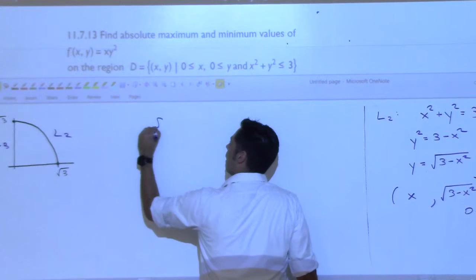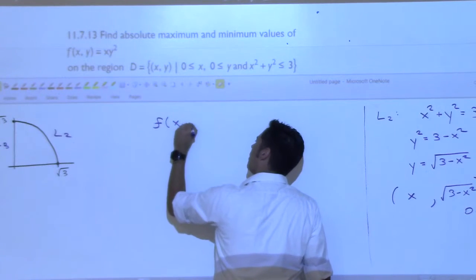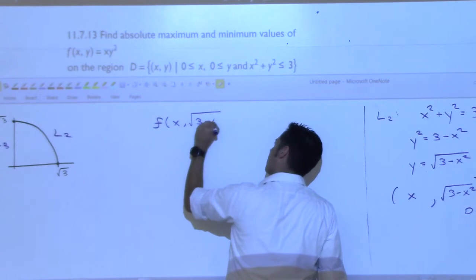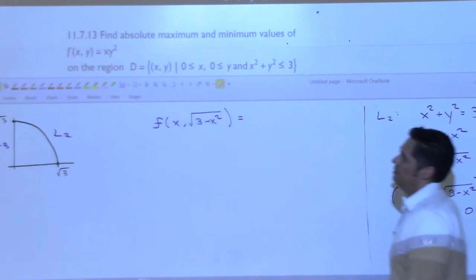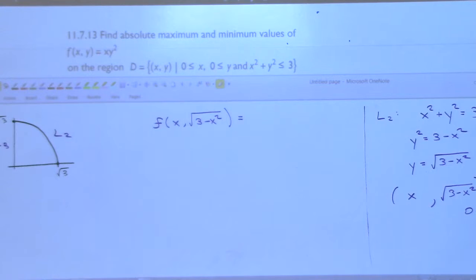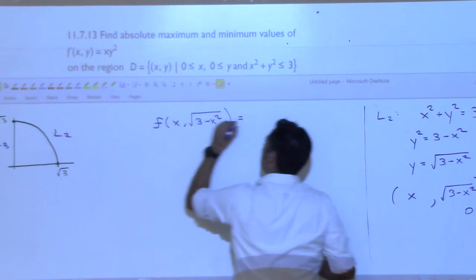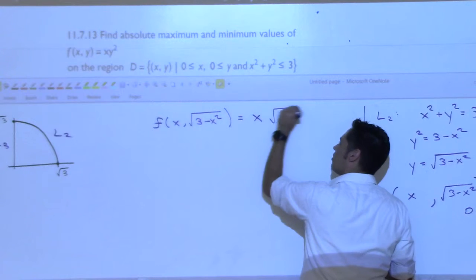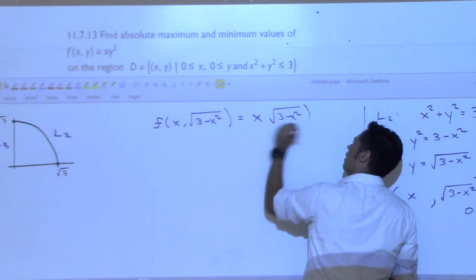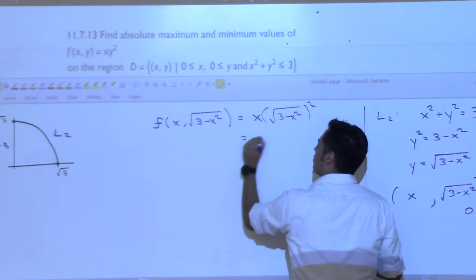So we have f of x comma square root of 3 minus x squared, which must equal, well, isn't that nice? Because you're going to leave x alone, and then replace y with that, but then you're going to square it. So you're taking the square root of 3 minus x squared and squaring it. The square root goes away, and you get this.